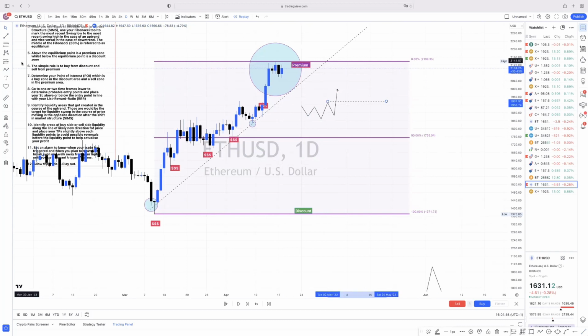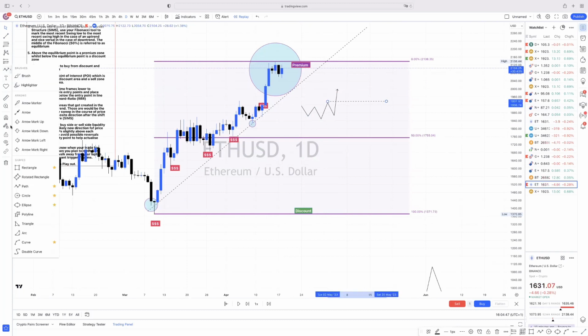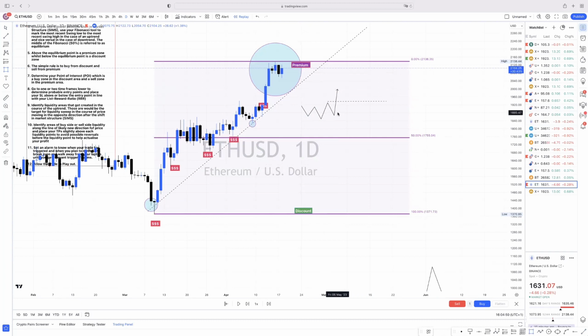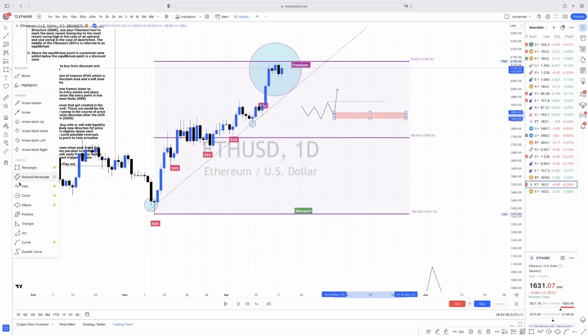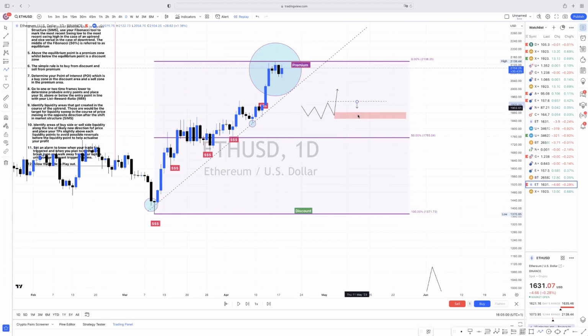All right. Then you are now advised to come to this area and look for institutional reference points, such as a bullish order block, and then you can take your trade from there. All right.